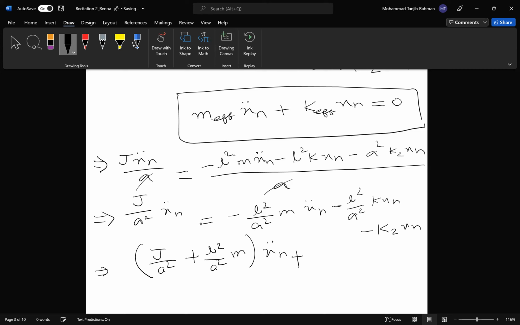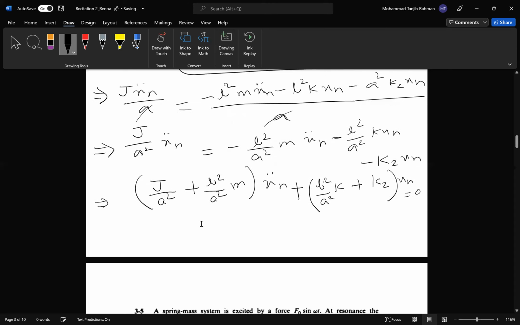And now I'm going to group together everything before the xn. So it will be b square by a square k plus k2 xn equal to 0.